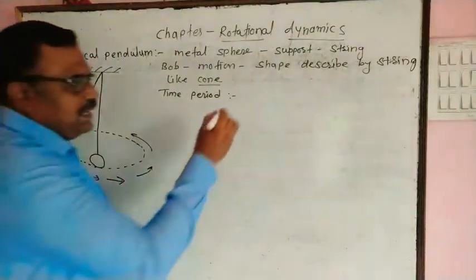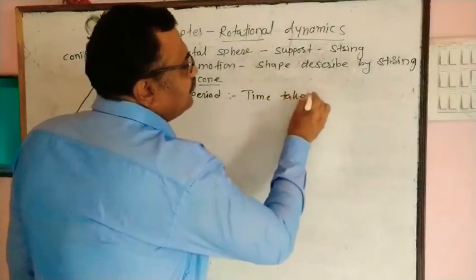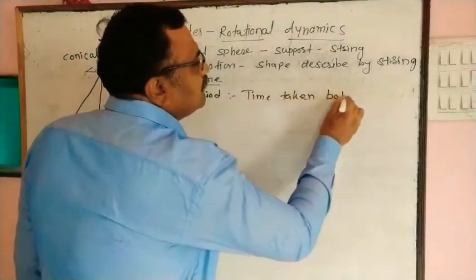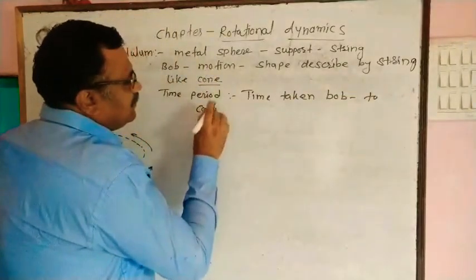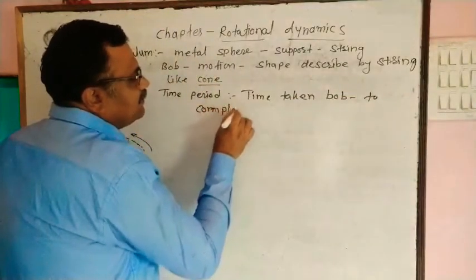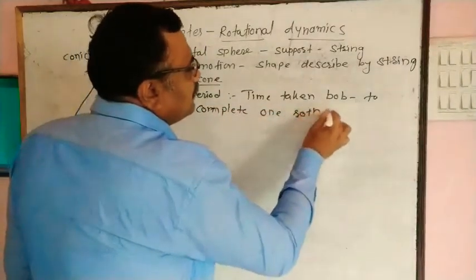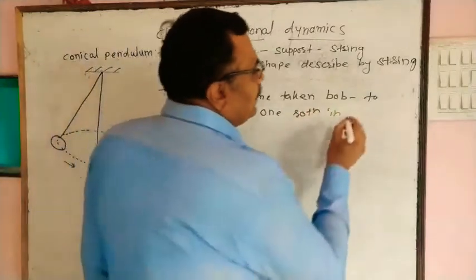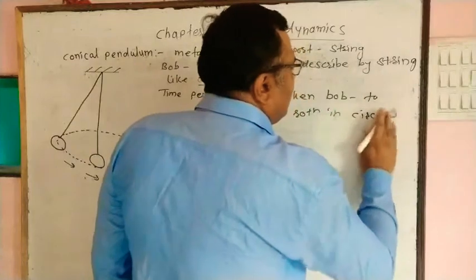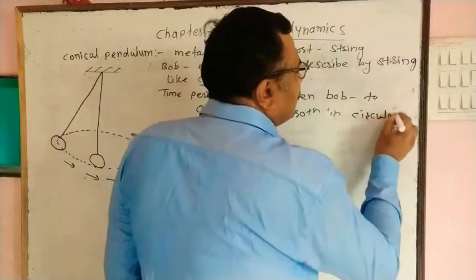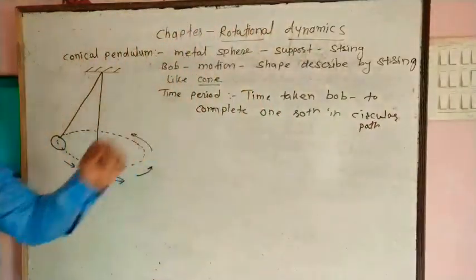Here, the time taken by the bob to complete one rotation in a horizontal plane along the circular path is known as the time period.